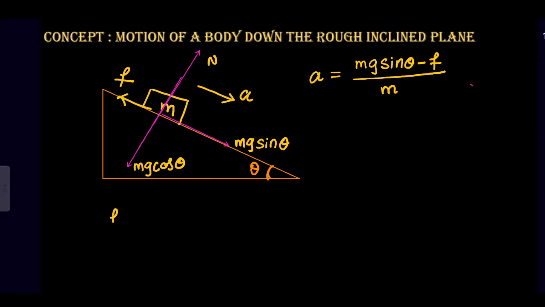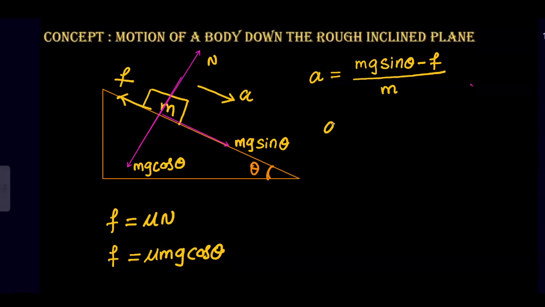Now here, frictional force F is equal to mu into N, and N is what? Tell me now. Normal reaction. How much is that value? That is mu mg cos theta. So we can place the frictional force in the equation.